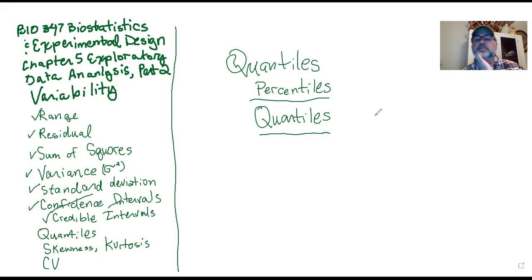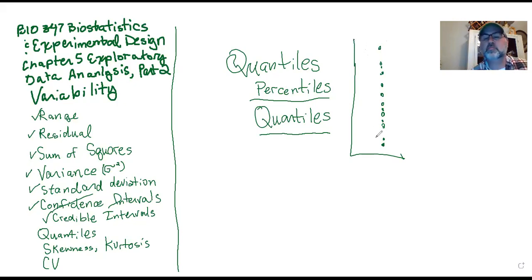Is it in the, so quartile would be if you ordered your data, right? So let's say you only have one group and you just take a whole bunch of measurements, right? So these can be whatever.